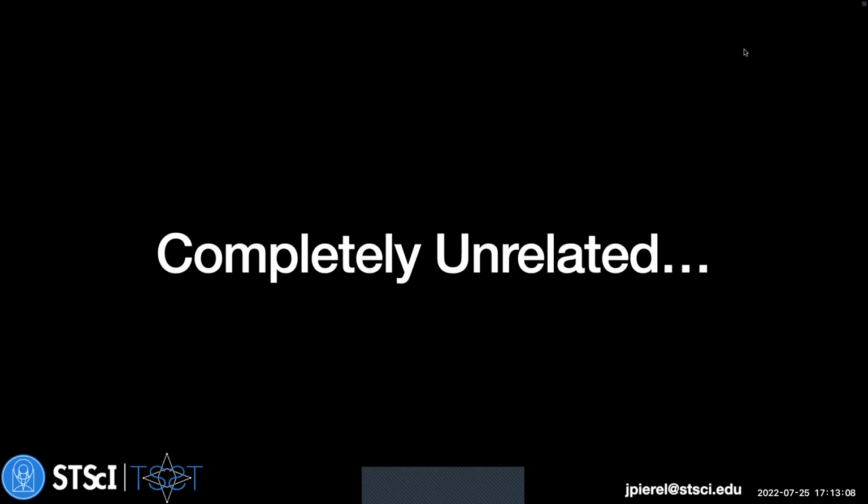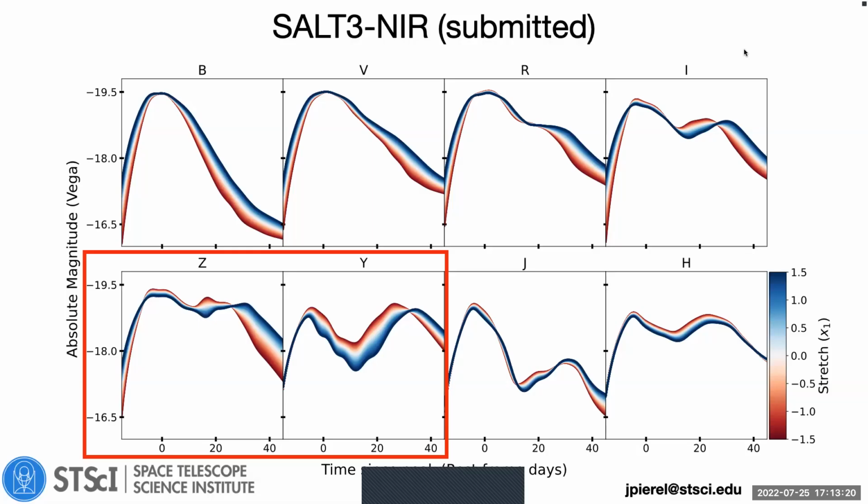I just want to mention something completely unrelated because of the rest of the week. I didn't talk about it because it has nothing to do with lensing at all, but for the LSST ZY band stuff, we have a new paper that was just submitted that retrains the Z through H band, essentially.